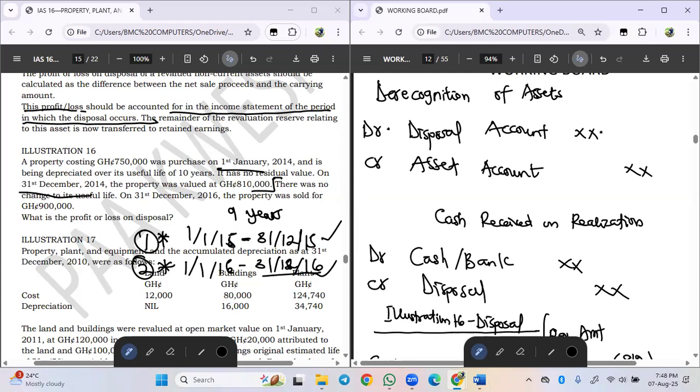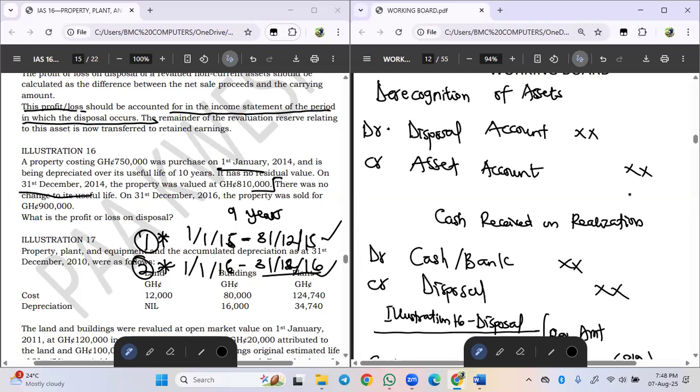The moment you debit disposal account 630 and credit asset account 630, it means that asset is no longer part of your assets now, because you've lost control, or maybe it's not generating any future economic benefit. So you have to derecognize it.